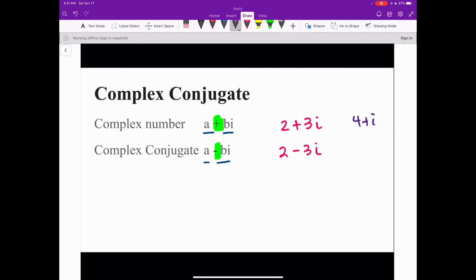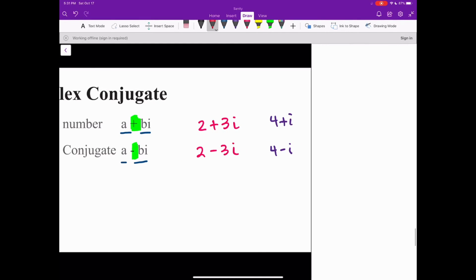I'm going to do just a couple examples here. 4 plus i, if that was a complex number, its complex conjugate would be 4 minus i. I'm going to do a couple more. If we had a complex number that was negative 5 minus 9i, its complex conjugate would be negative 5 plus 9i. All right?